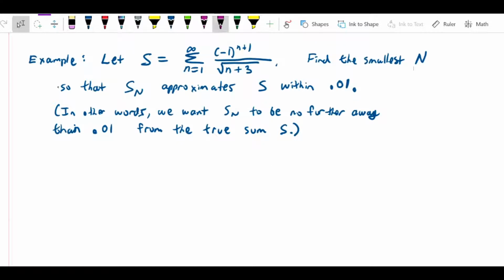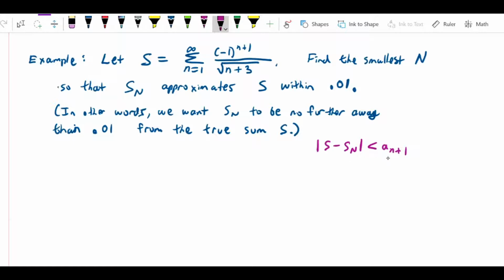So we observe here what we know, which is that |S minus Sn| is less than a_(n+1). So what we want to do is choose n so that this is going to be less than 0.01.